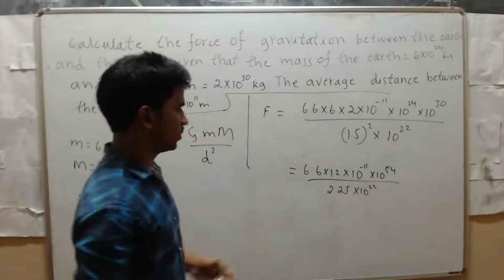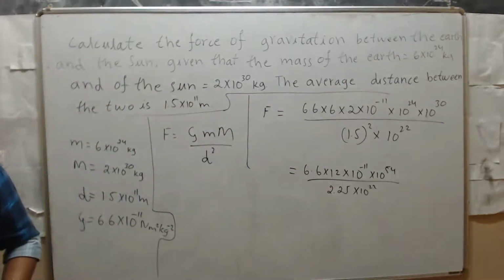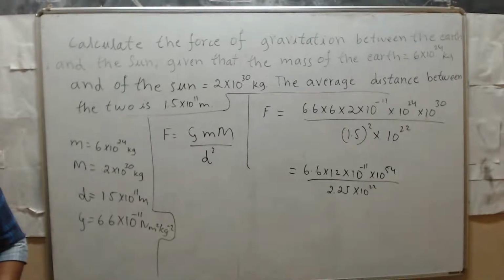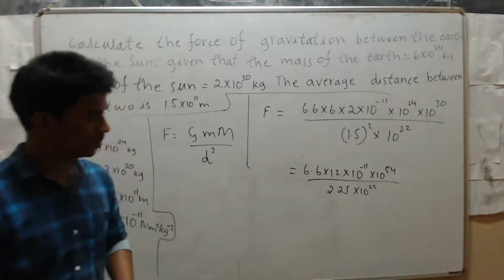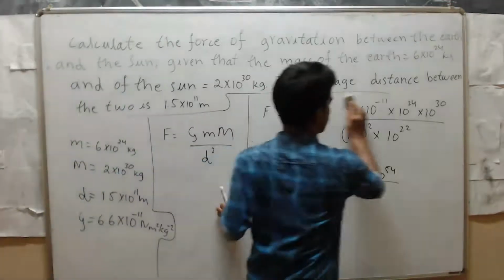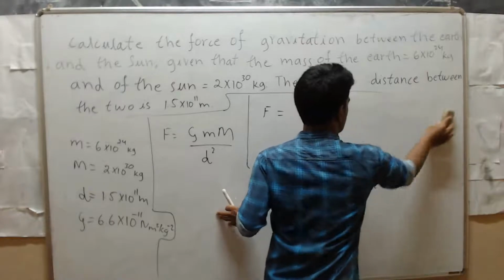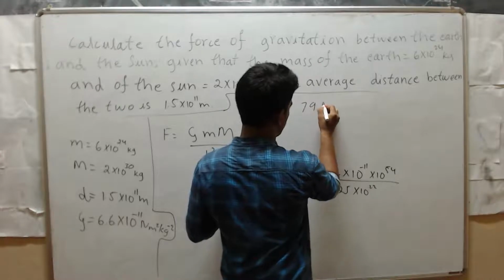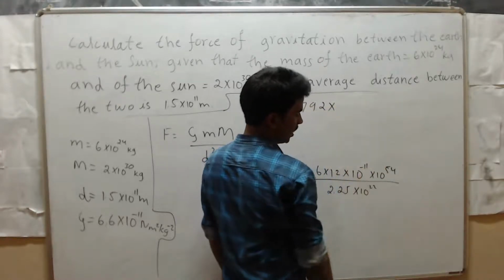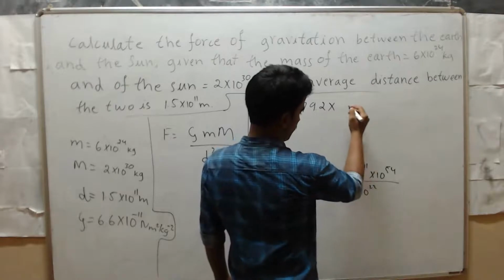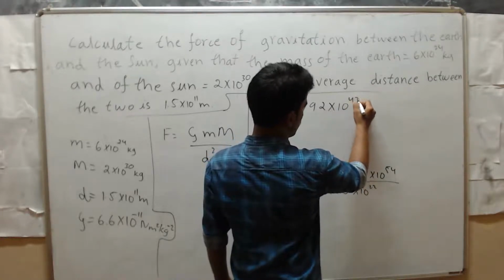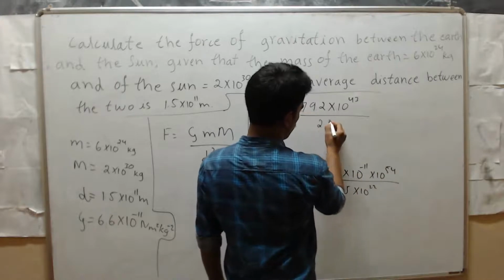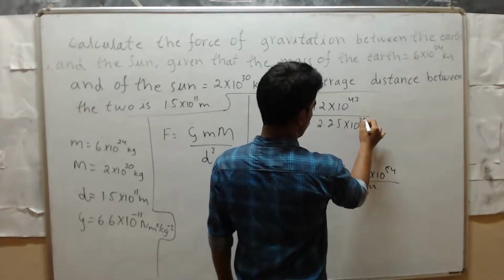Clear? Next, multiply 12 into 6.6, that is 79.2, into 10 raised to the power minus 11 and 54, that is 43, divided by 2.25 into 10 raised to the power 22.